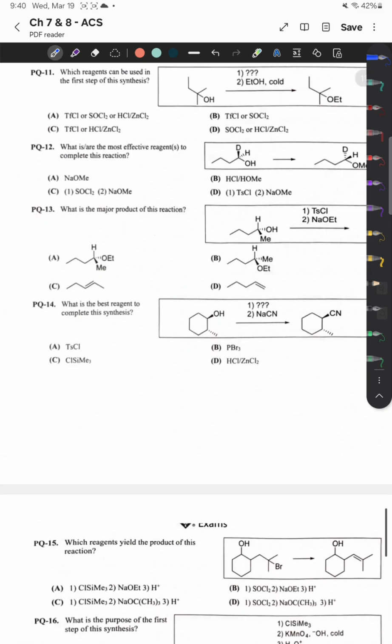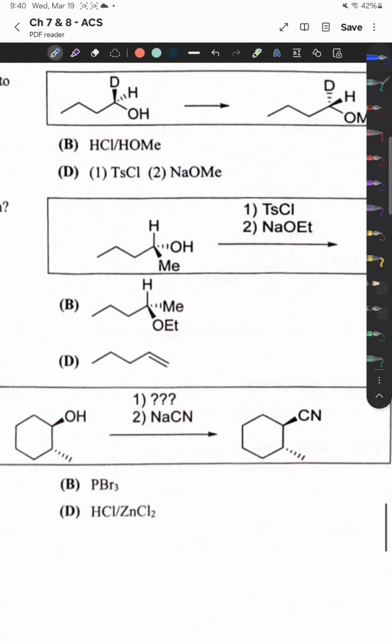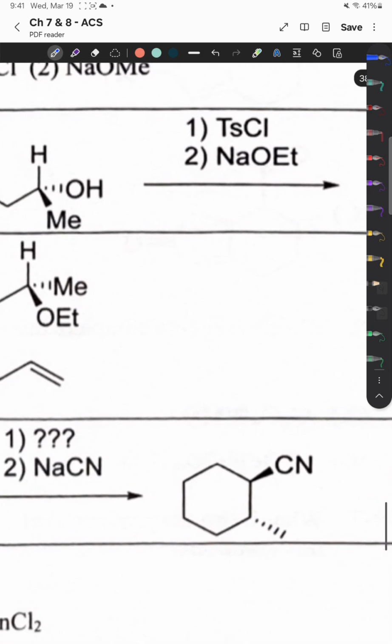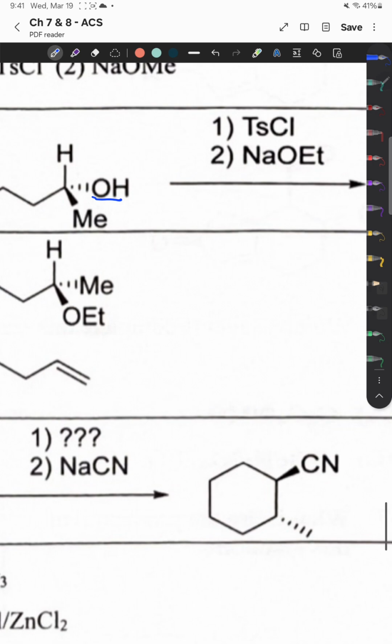The second question I got is toluene sulfonyl chloride reacting with sodium ethoxide. Actually, no. So we have 1, 2, 3, 4, 5-pentanol reacting with toluene sulfonyl chloride first, and then afterward it reacts with sodium ethoxide. So toluene sulfonyl chloride, the major thing that it does is it converts OHs into good leaving groups.